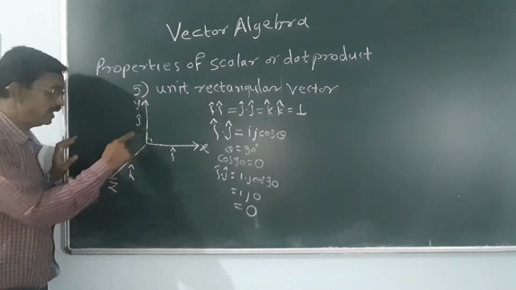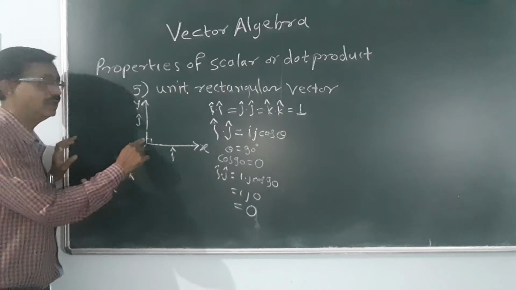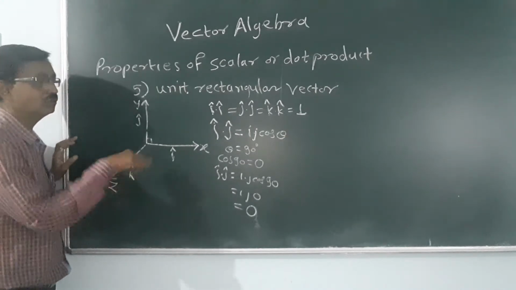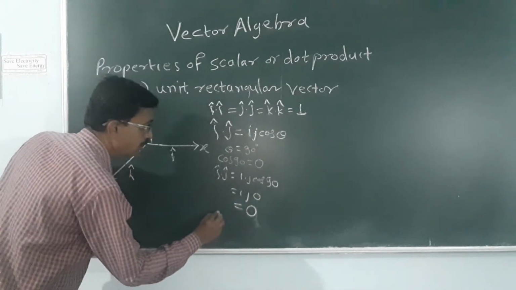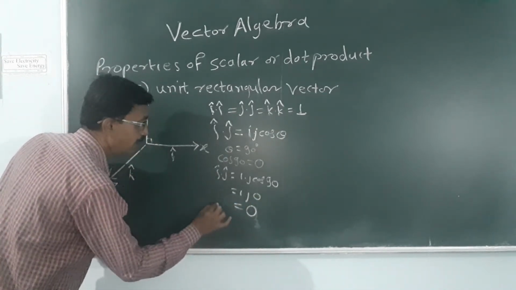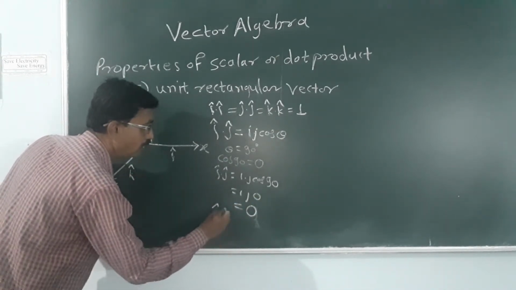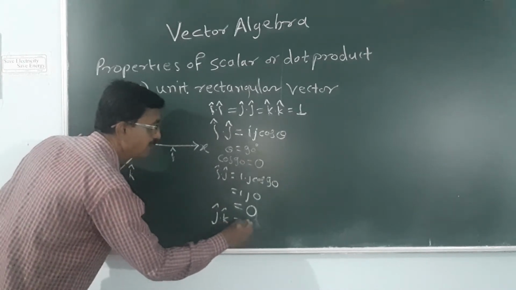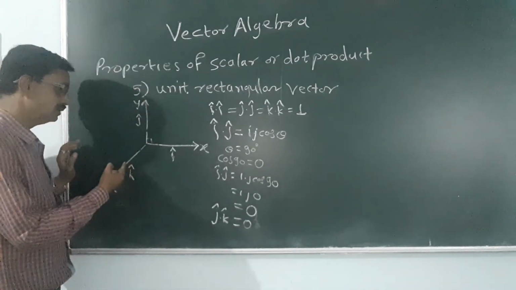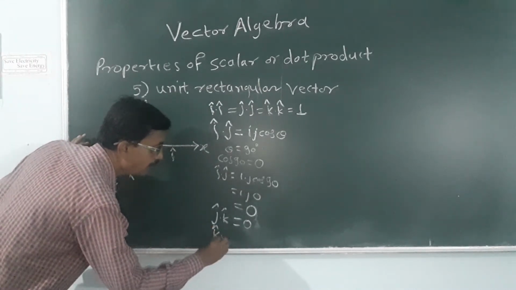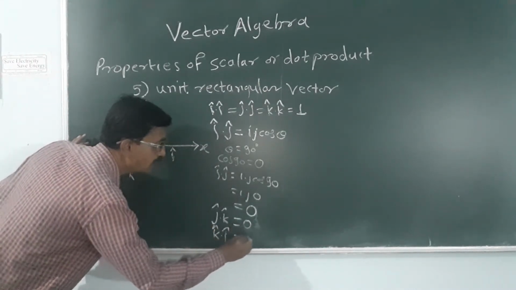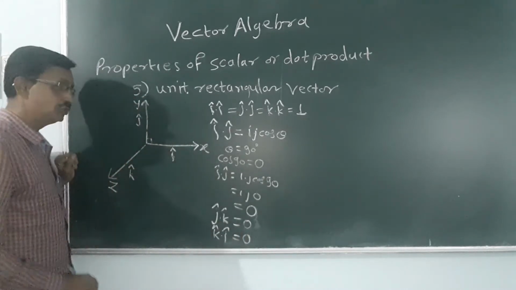Similarly for j and k, again the angle is 90 degrees. So the same thing is repeated, and j dot k also becomes equal to 0, and in the same manner k dot i, that is k cap into i cap, also becomes equal to 0.